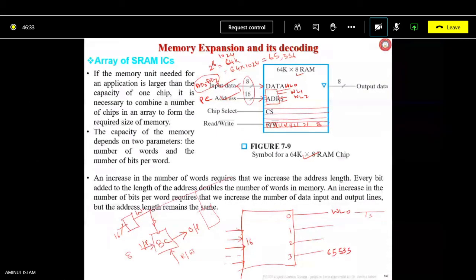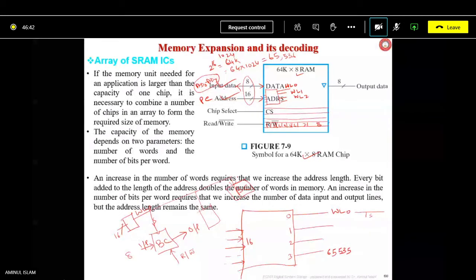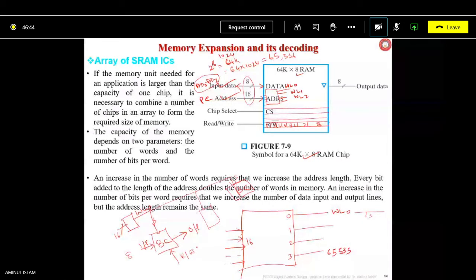Suppose this is WL0, so you have 8 bit cells, isn't it? The select line will be coming here and it will be enabling. Yes or no? Yes, sir. 8 will be there, they will be selected. Then you are sending the read write control signal. That will also go everywhere, isn't it?